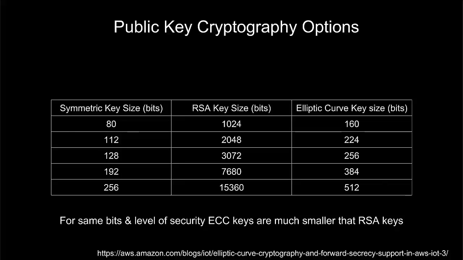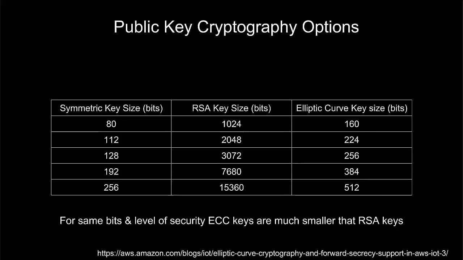using elliptic curve cryptography, which enables you to use shorter key lengths for an equivalent level of cryptographic protection. Device overhead in dealing with the cryptographic operations is reduced in comparison to using RSA keys.